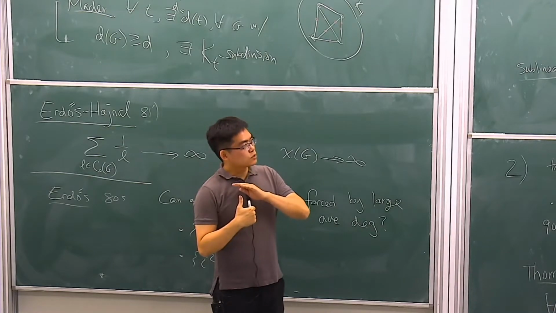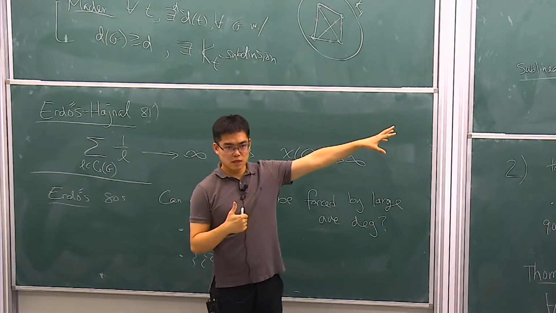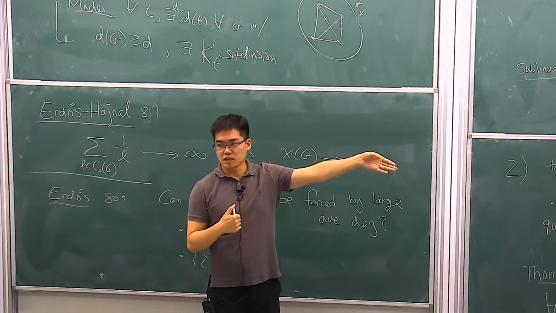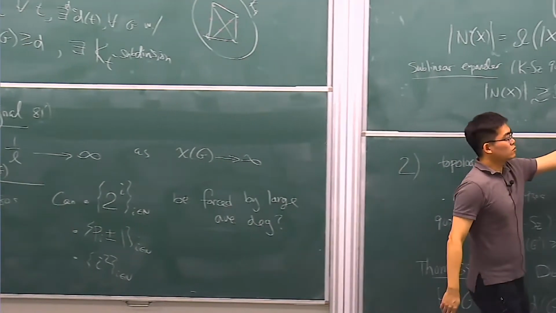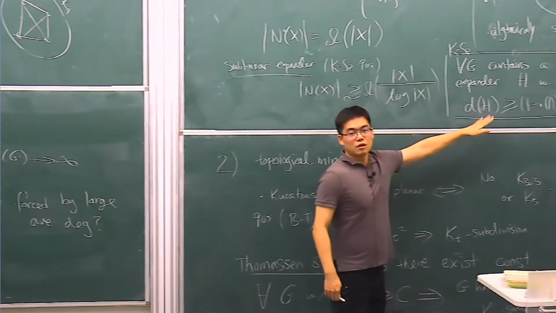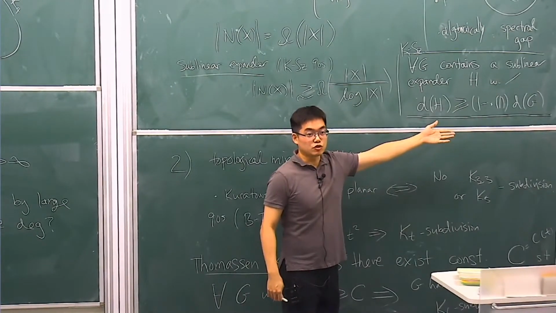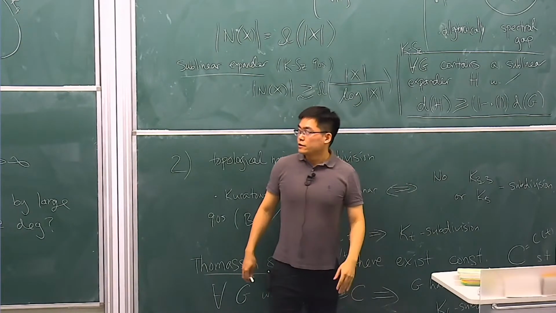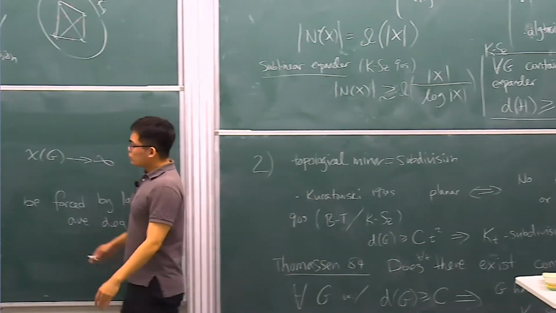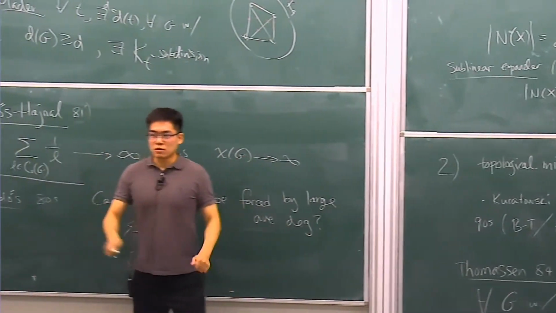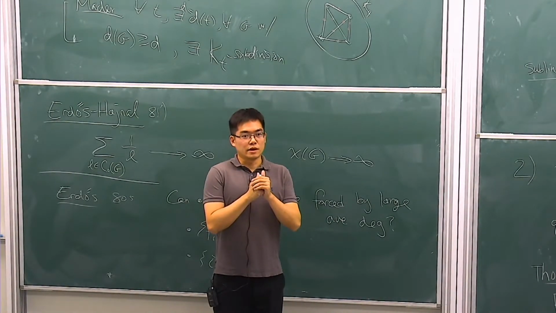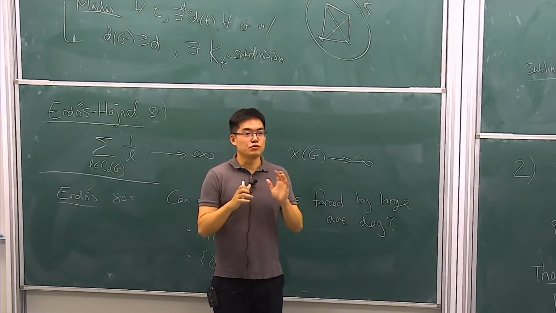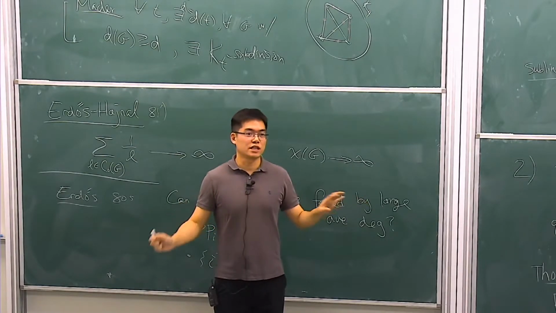We might as well hit it with this result and pass to a subgraph that's a sublinear expander without losing much on the average degree. So again, we begin with a graph with average degree, but additionally, we have this sublinear expansion property. So all the results that we resolve here basically start with this basic sublinear expansion property, and then we go from there. We try to build some basic structures and put them together to find the thing we want.